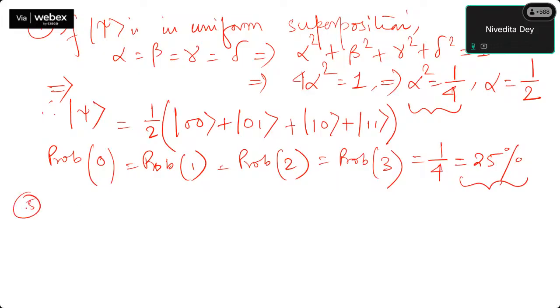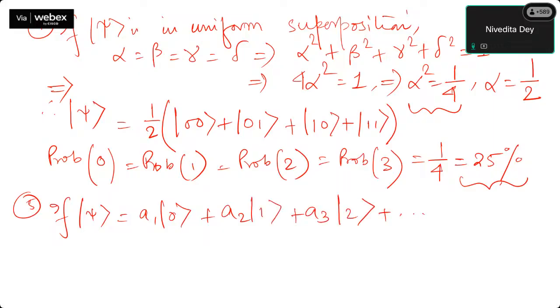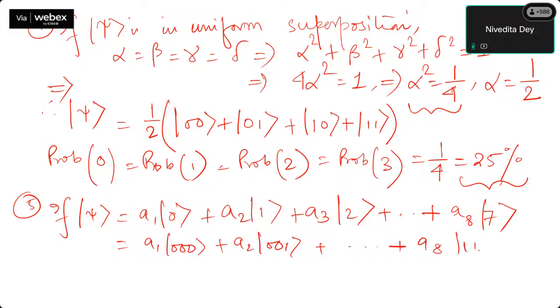And fifth is if psi is basically say A1 0 plus A2 1, A3 2, likewise say A8 7, which is say A1 000 plus A2 001, likewise it is still A8 111.